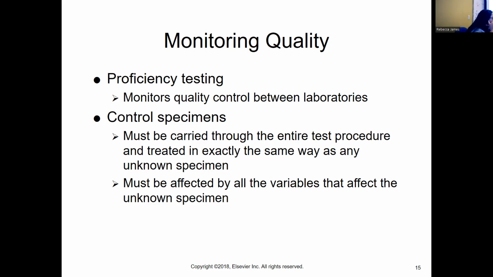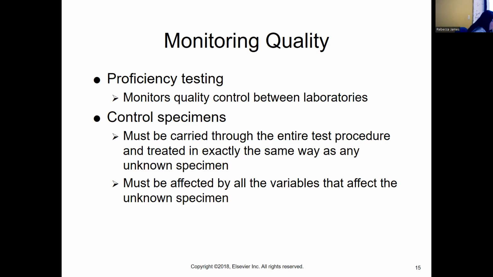A minute ago, with that lipase, remember it has a reference range associated with it. So it knows how much lipase is in that specimen. Whenever you run that specimen, the lipase was supposed to be between this and this. So whenever you run it, it is a known value. You're supposed to get between this and this.